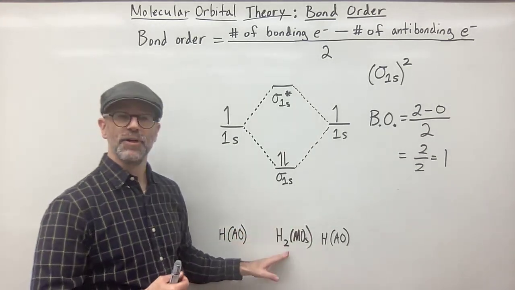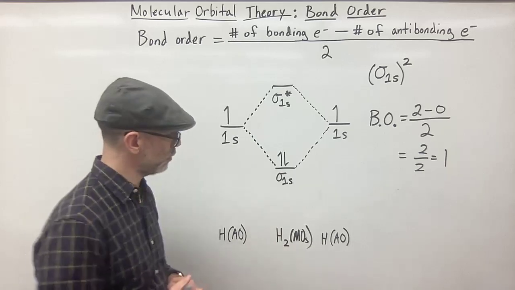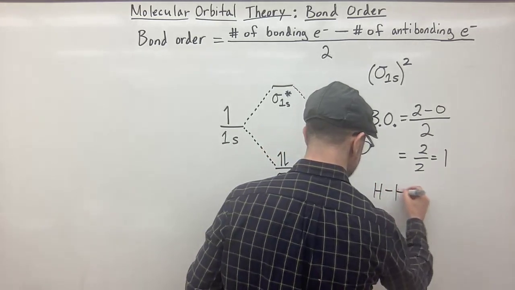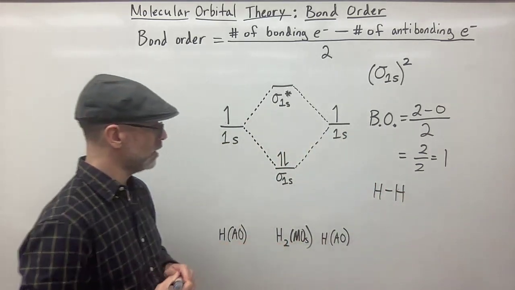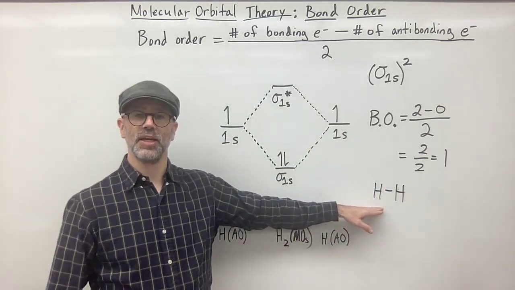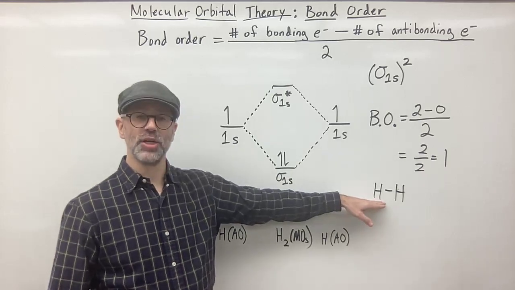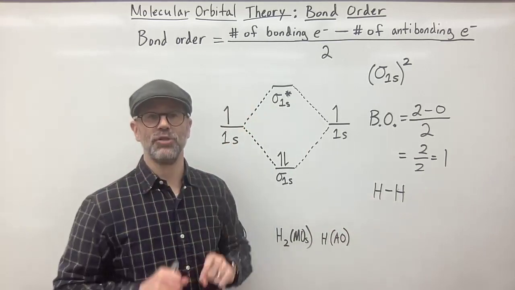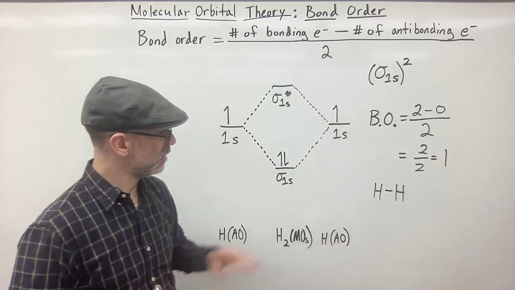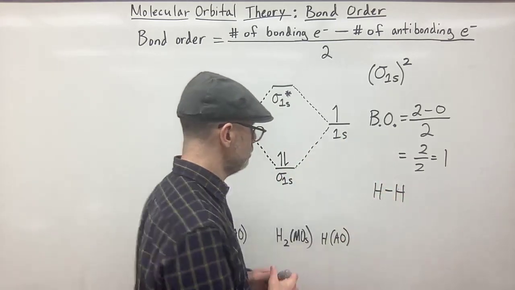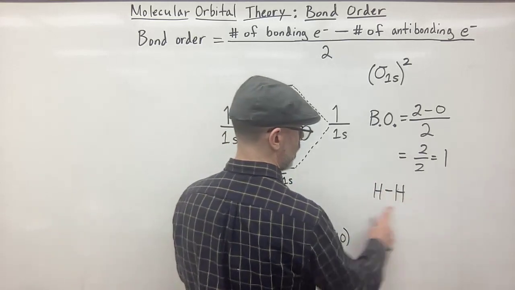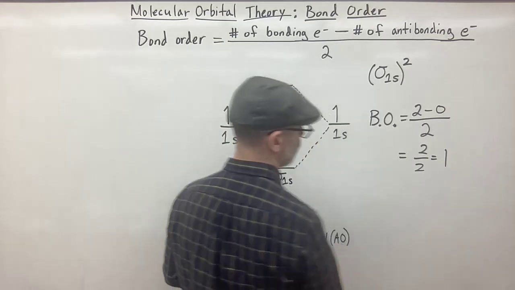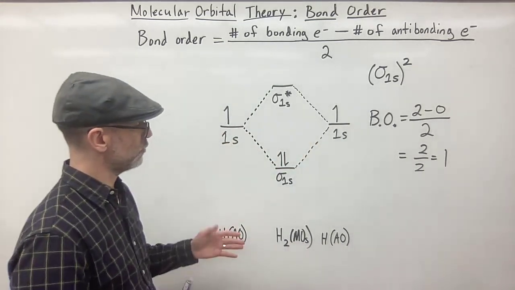This fits really well with the fact that we know that hydrogen has a single bond. We got that from the Lewis structure, our Lewis valence bonding idea, where we pair electrons to get our single bond. And so the bond order from molecular orbital theory fits.